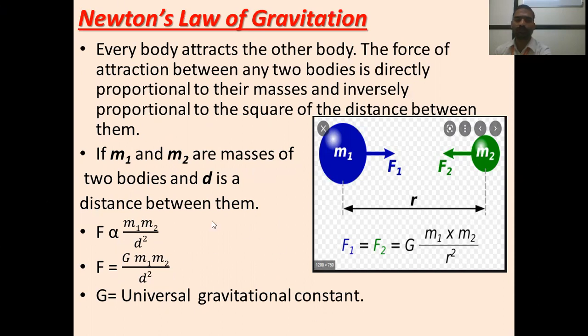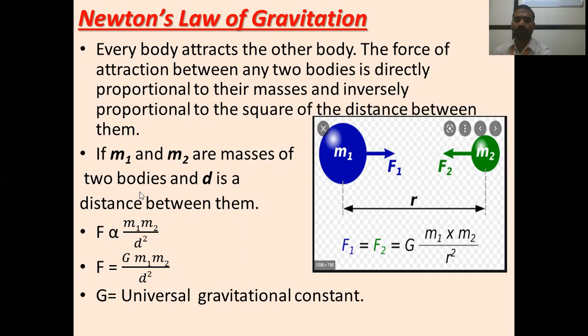M1 is the mass of body 1, M2 is the mass of body 2. The force of attraction between these two bodies is F, and D is the distance between them. As per Newton's law of gravitation, F is directly proportional to M1 times M2 divided by D squared.